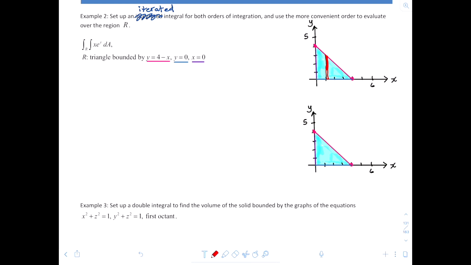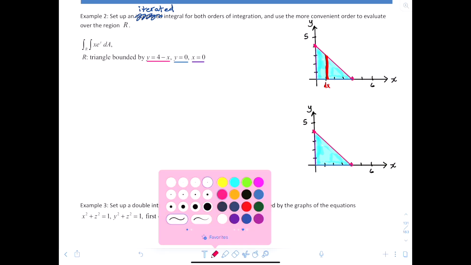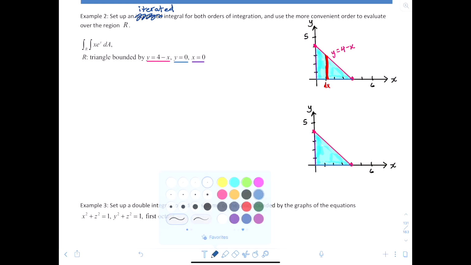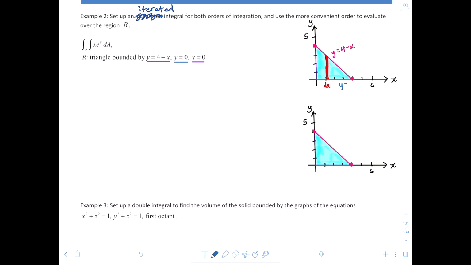Vertically simple means that we would have dx, right? And then topmost minus bottommost. That's going to be a pretty simple one, I'm thinking. So let's name what we have. We would have y equals 4 minus x, and y is 0.